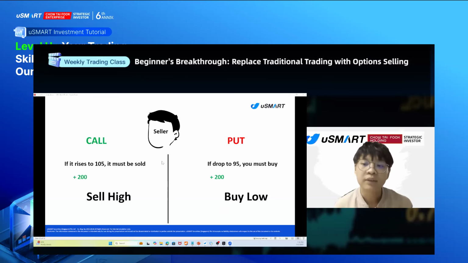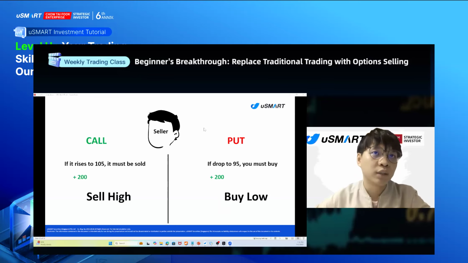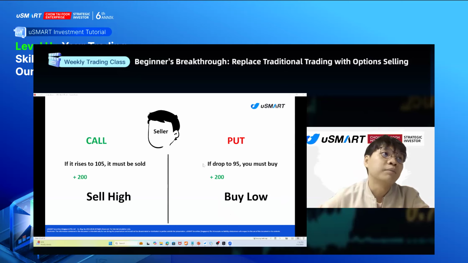Right now ABC is placing at $100. So when you are a seller of put options, you are actually buying low. And then once you are able to buy from the buyer, you can do another one to sell high.